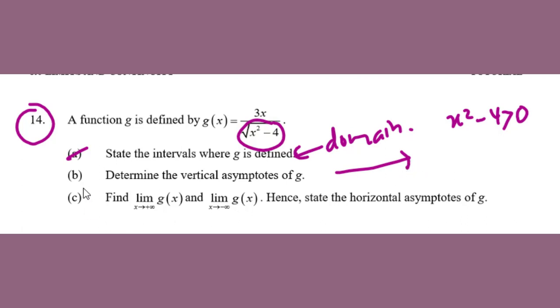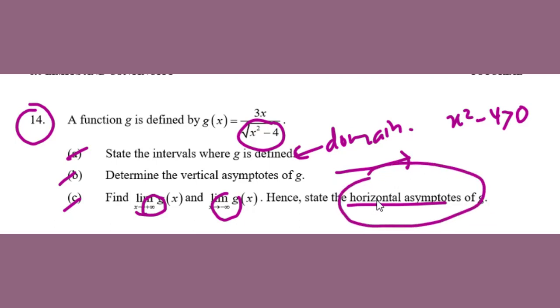And then find the horizontal asymptote when x tends to positive infinity and x tends to negative infinity, and check whether a horizontal asymptote exists or not. Okay, we will discuss number 14. So this is for the domain.